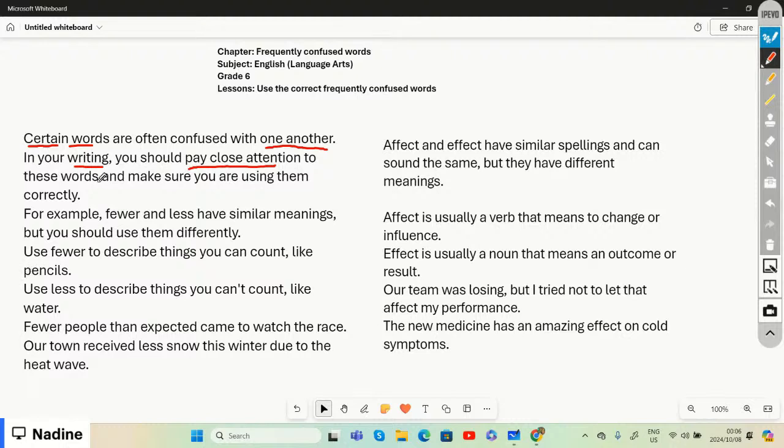For example, if we look at the words fewer and less, they have similar meanings, but you need to use them differently.